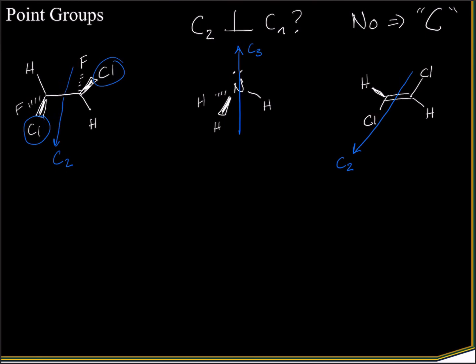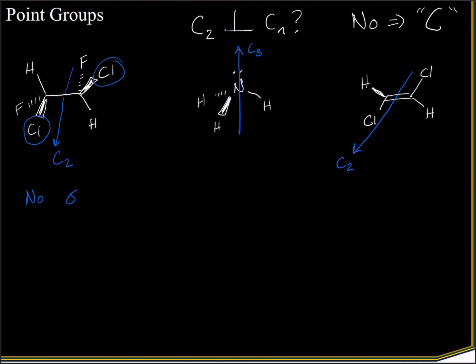These are not in our low or high symmetry point group cases because they do contain a higher order Cn axis. And so now we have to figure out what kinds of mirror planes we have to work with here. So in our first example, right, there are no mirror planes here. There's nothing that we can do or no mirror planes that we can draw that switch the location of our substituents. And so again, this is one of those pure rotational point groups.